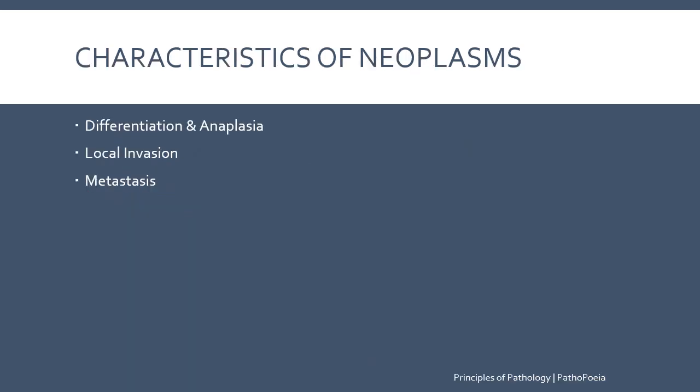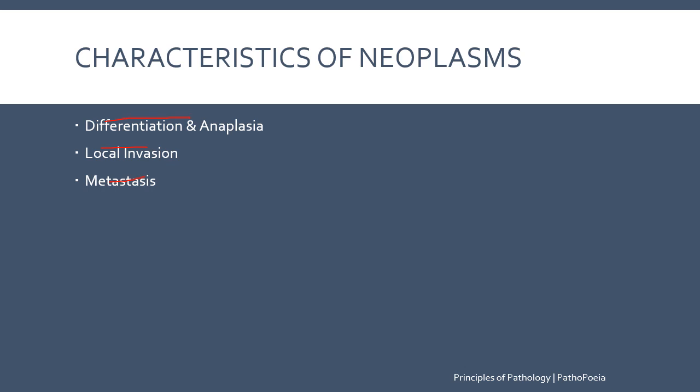Neoplastic cells have certain characteristics. First would be differentiation and anaplasia, local invasion, and metastasis. These characteristics are important so that we can differentiate between benign and malignant transformation.